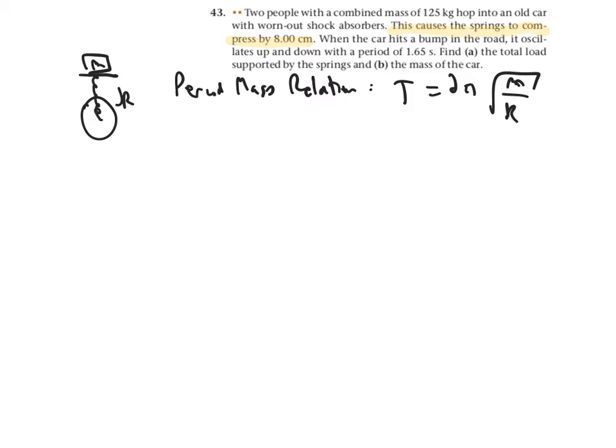That when they first get on the spring, the additional mass of the two people, which I'm going to call M0, which is 125 kilograms.